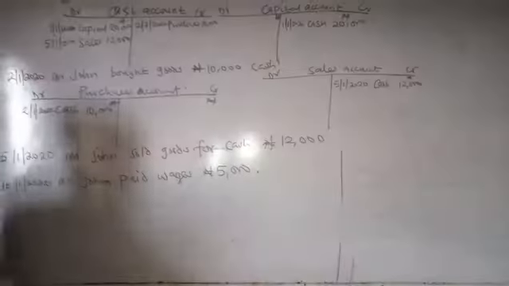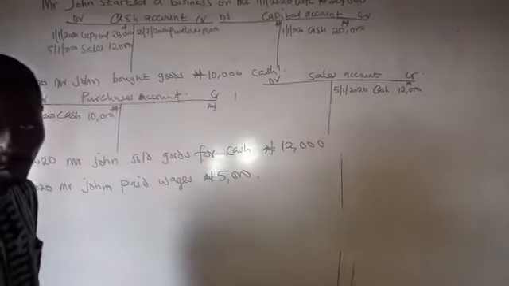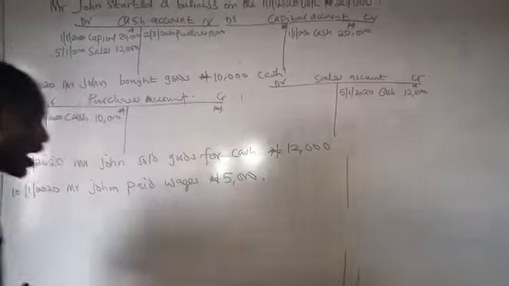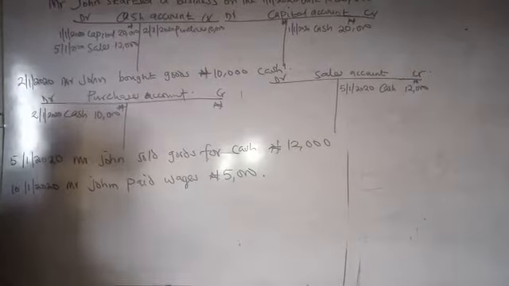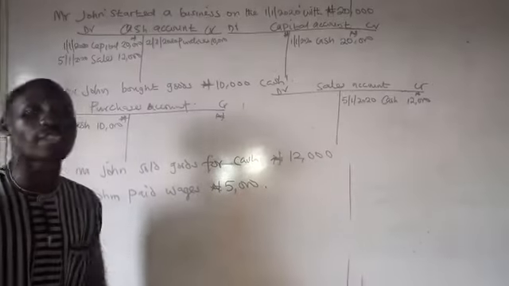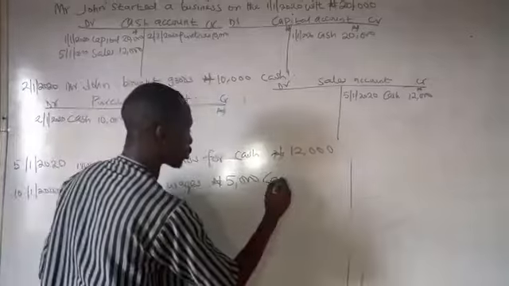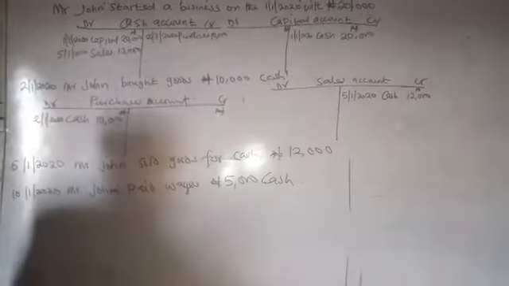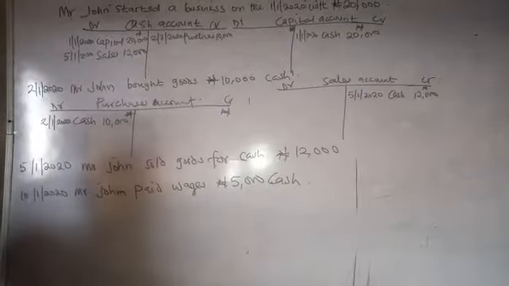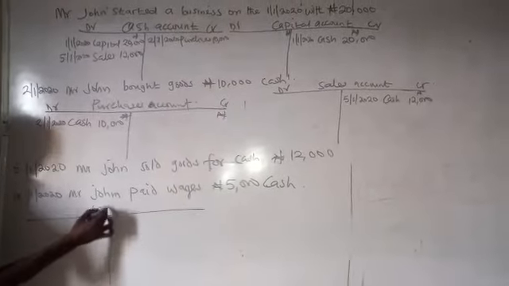What this means is that it could be that Mr. John hired the service of a labourer, or probably he has a sales office that he needs to pay. Now he paid the wages out of his cash, 5,000 naira. In this case, cash account is giving out and the wages account is receiving. But we have no wages account here, which means we have to create another ledger account for wages.